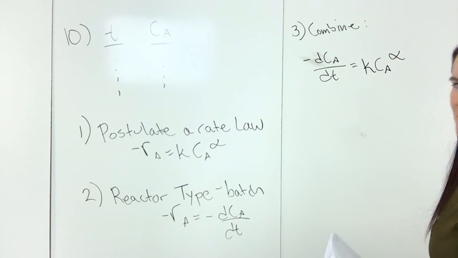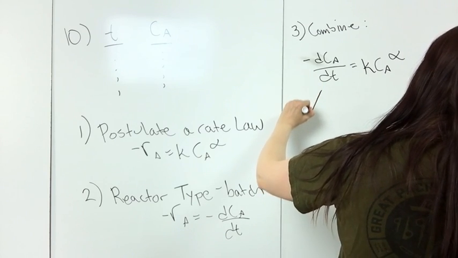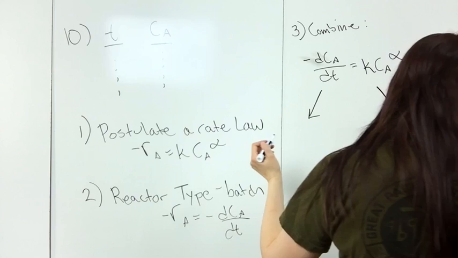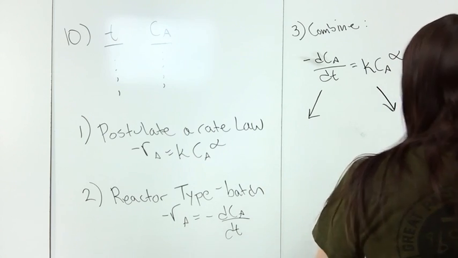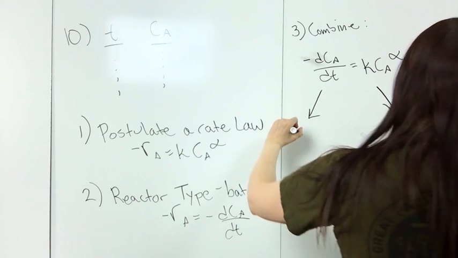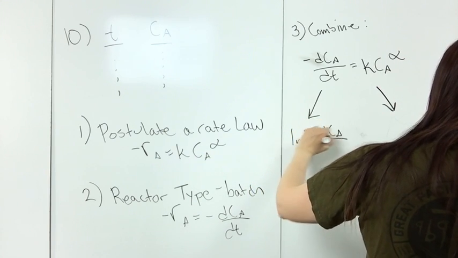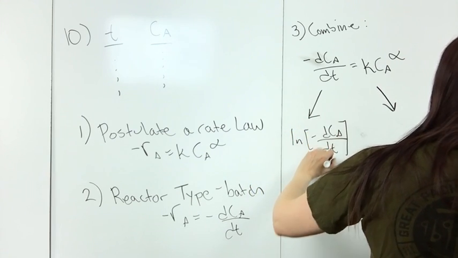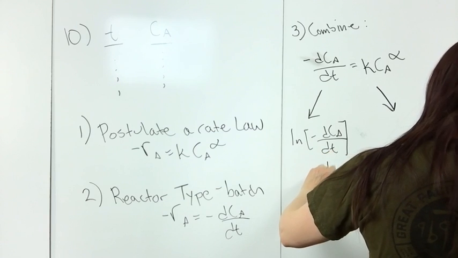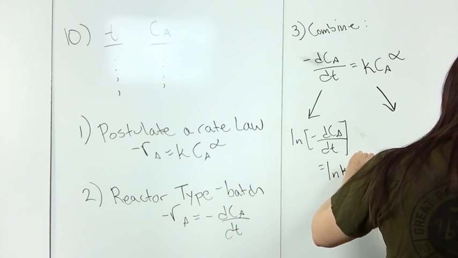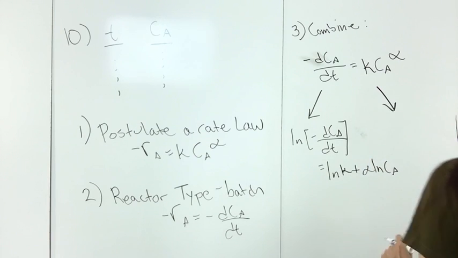And then from here you can go a couple different ways. If you take the natural log of this, you get the natural log of minus dCA/dt is equal to ln of K plus alpha ln of Ca.